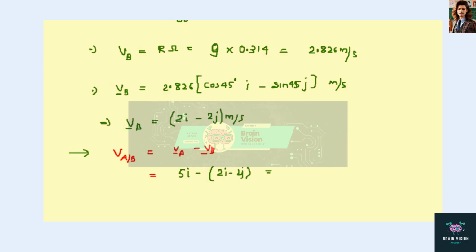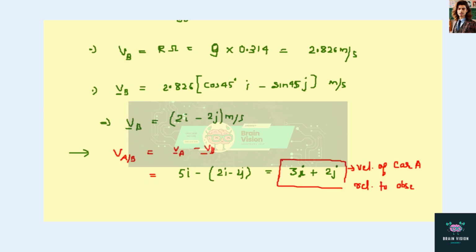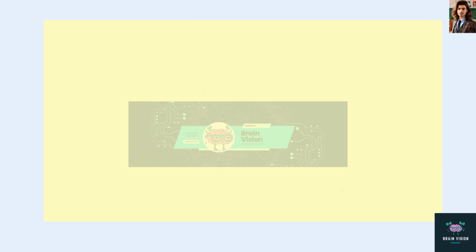So we will get a value of 3i plus 2j. So this is the velocity of car A relative to observer B.